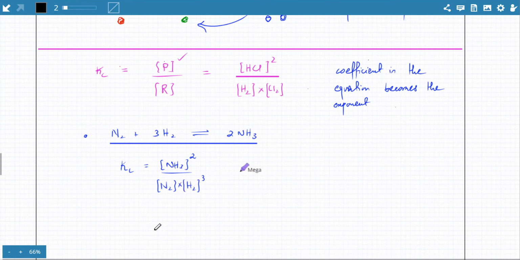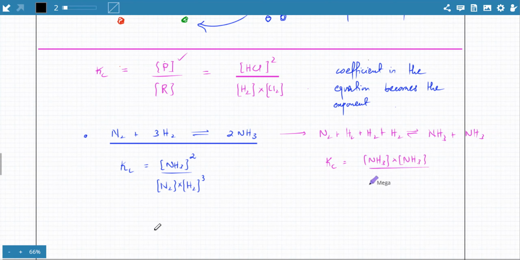Or you can interpret it the other way around. This equation could be written as N2 plus 3H2, so that means H2, another H2, and another H2, in equilibrium with the product, which is two molecules of NH3, so that's NH3 plus NH3. So these are all your products. If you write the expression for Kc, it would be NH3 concentration. The other product is also NH3, so that's multiplied by NH3 concentration, which is why it becomes squared.